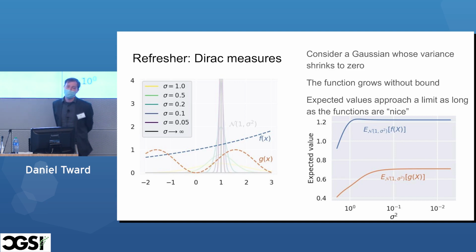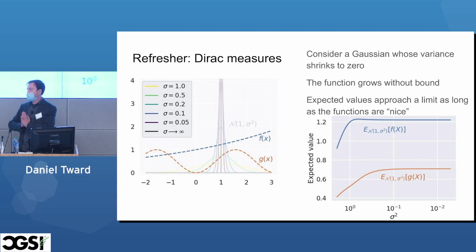So the functions should be smooth, continuous. They shouldn't oscillate infinitely quickly. They shouldn't go unbounded up to infinity. If they do, then we won't be able to have this nice property where we can use infinitely thin Gaussians to really measure a random variable that has no uncertainty to it. So this is like an empirical probability density function.